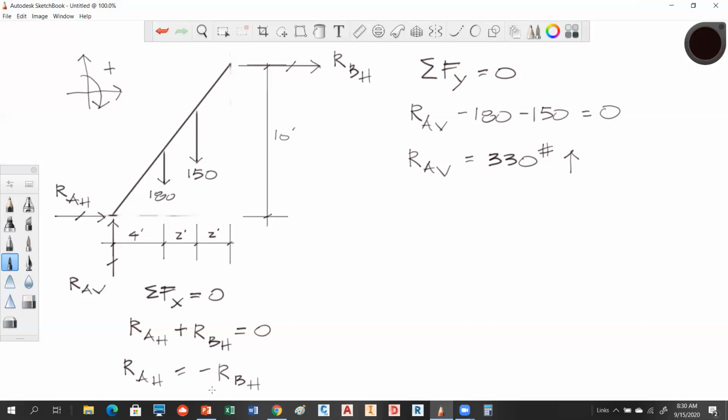We know that they have to equal each other, and we now know that they have to be opposite directions, but we don't know their actual value. So how do we do that? Got one more equation.